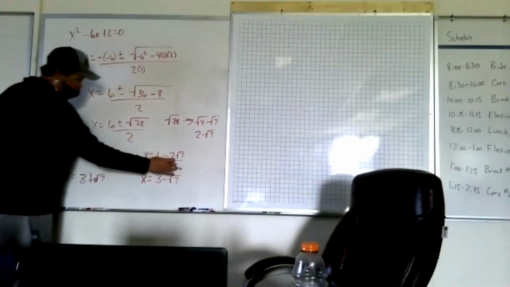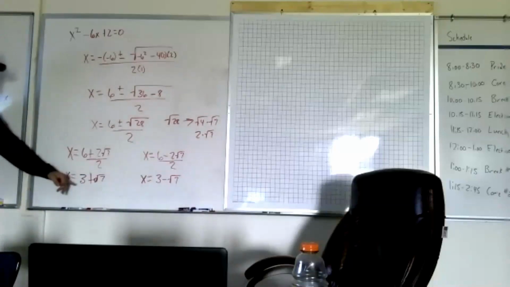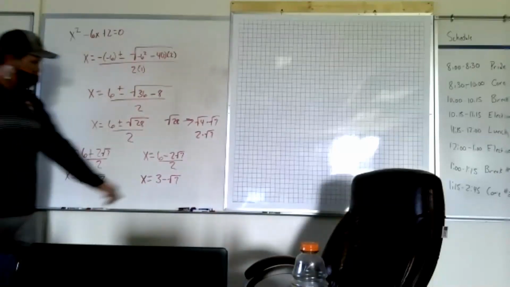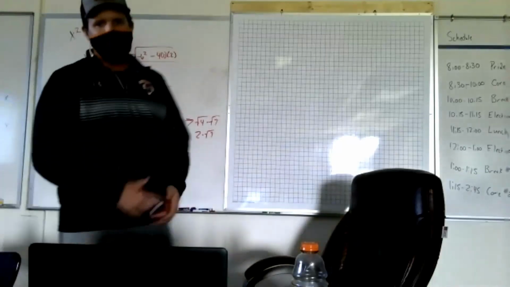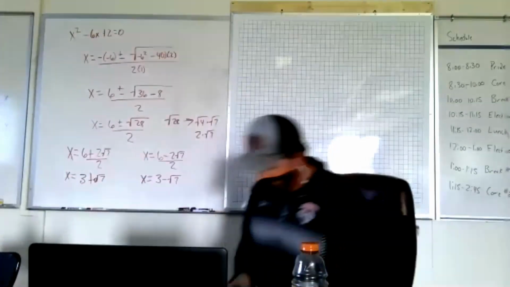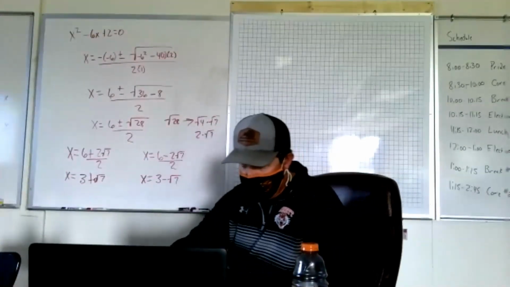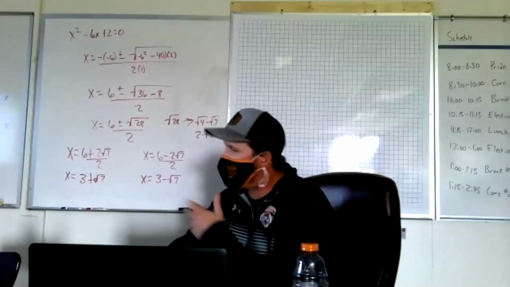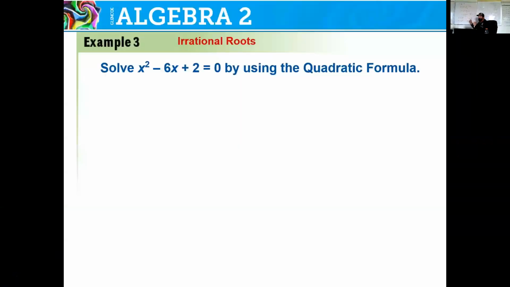Because the 2's will cancel out, and you can split those. 6 divided by 2 gives you 3 on both of them. Very shallow problem. You see the irrational roots are probably the hardest ones because you got to split that radical apart, find perfect squares that go into it, and then resolve it.